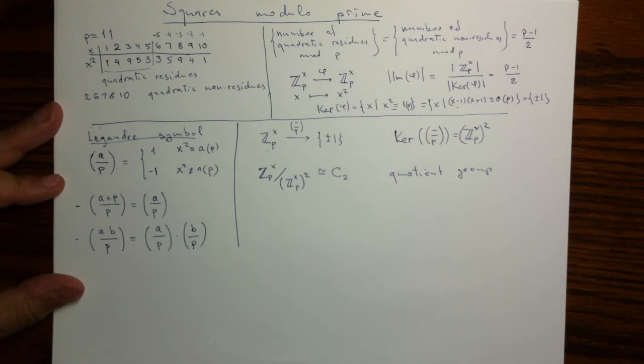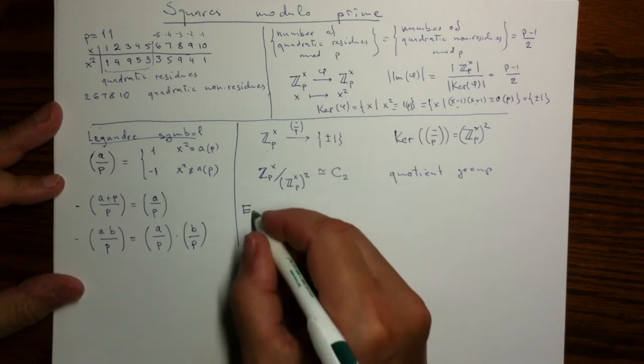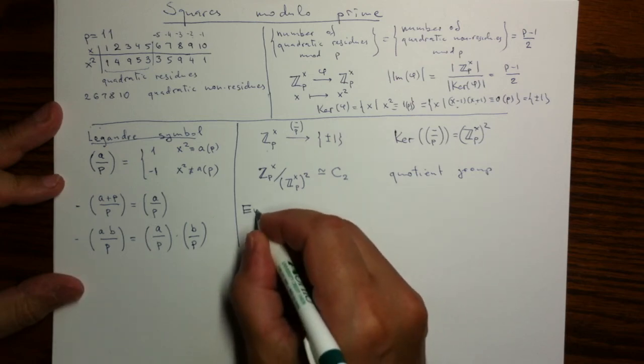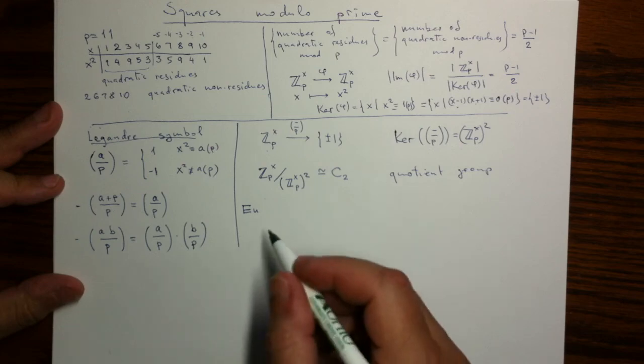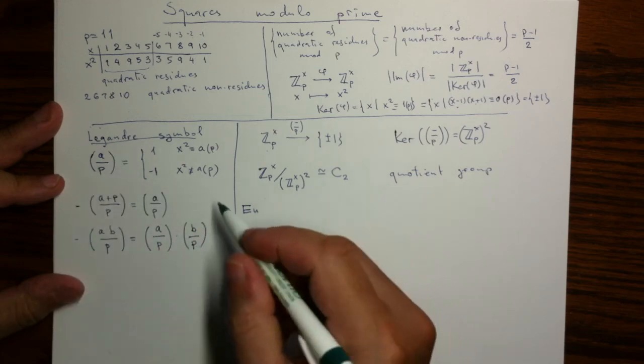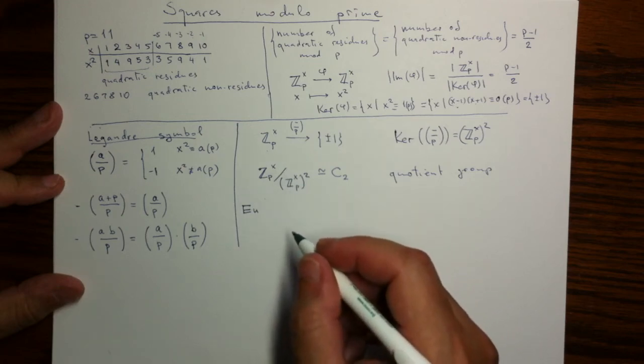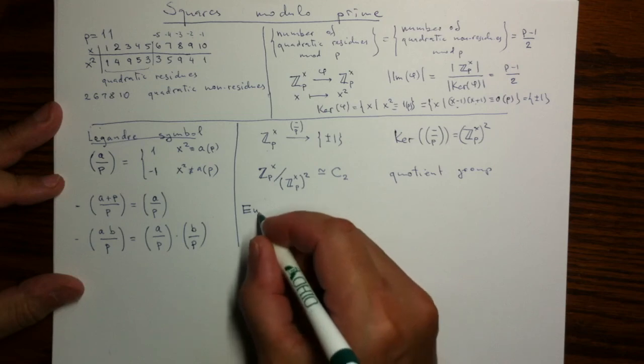So let me complete here with the last fact about Legendre symbols, about quadratic residues, which is due to Euler. So Euler preceded Legendre really. He discovered that fact, and Legendre just framed it into the language of his symbols.